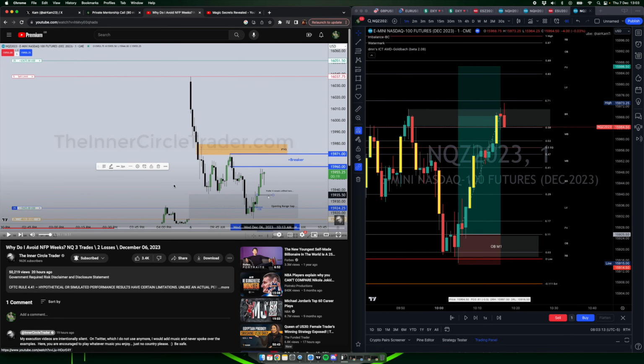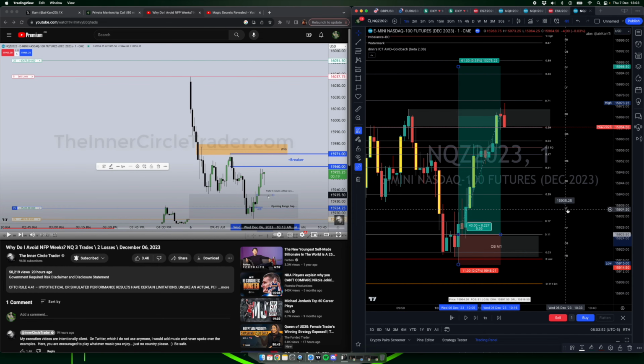Okay, what is he saying here? Prefer it to remain unfilled. Why does he think this gap will remain unfilled? Because, make sure it's this one, right? 15935. 15935 is around here. This will remain unfilled because from here to here is a liquidity void.